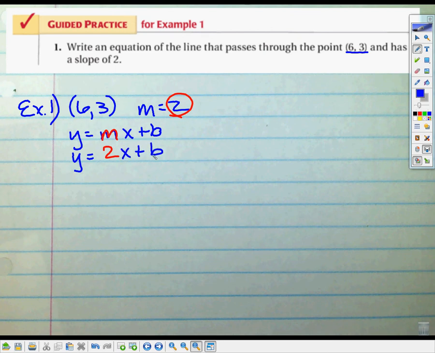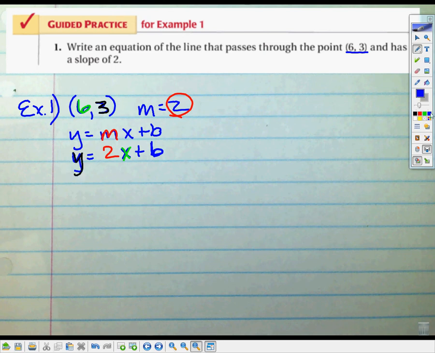Now, in order to find out what b is, we need to come up with an equation, and this is where we use slope-intercept form to find it. The 6 is the x value, so we substitute that in there, and the 3 is the y value, so that gets substituted in there.